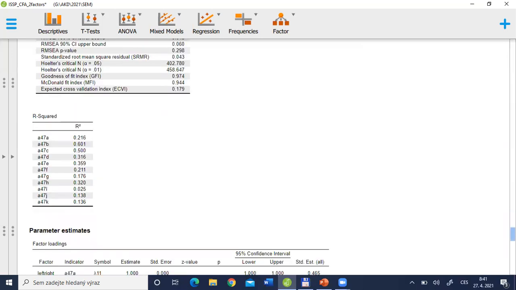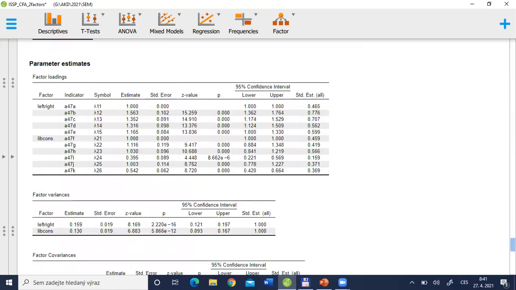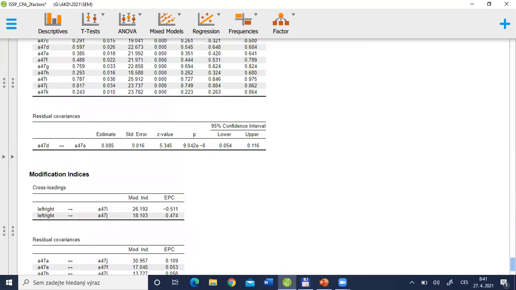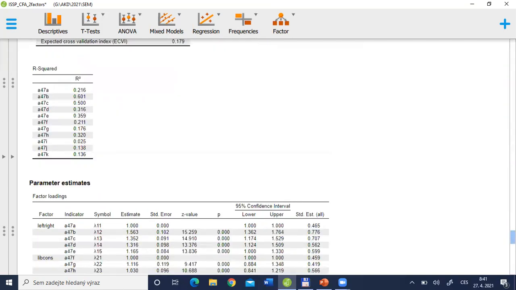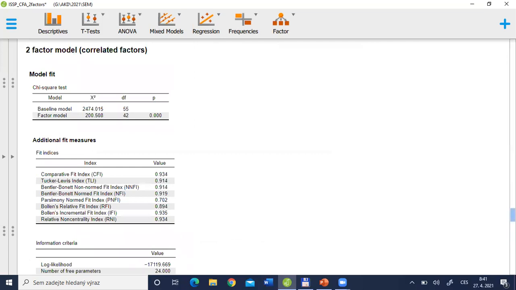And now I would go down and of course we can check once again tables for modification indices. Once again, the chi-square currently for this model is approximately 200 points.